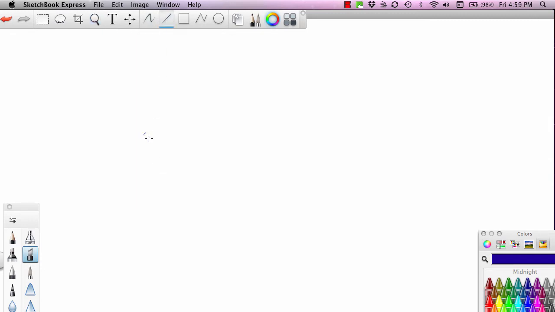Okay, I'm going to just sketch a quick little two-dimensional graph here, and it looks like I'm using blue, which is fine.